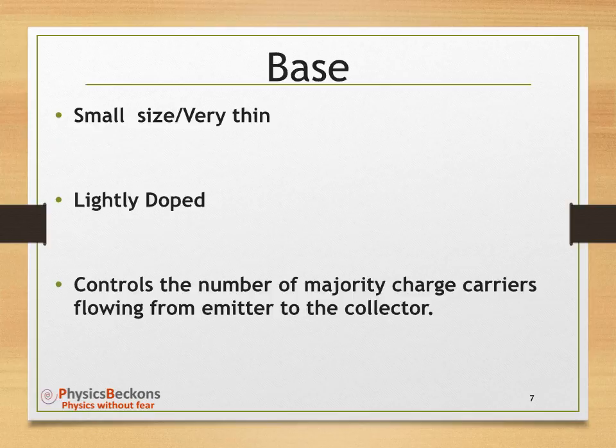The central region, the base, is small in size or it is very thin. It is lightly doped and the function of the base is to control the number of majority charge carriers flowing from emitter to the collector. That is, by applying suitable potential to the base, we can increase or decrease the number of charge carriers crossing from the emitter towards the collector.